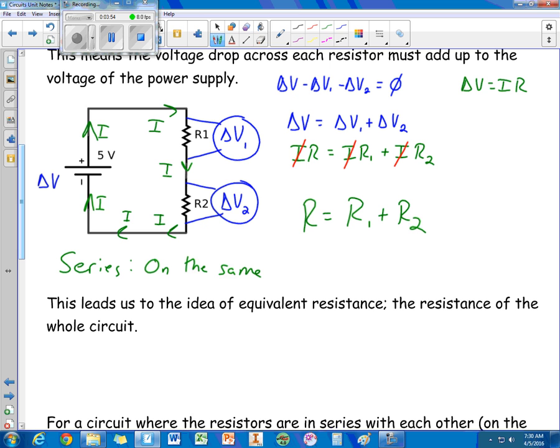I'll say it's on the same wire. So the equivalent resistance, which I'm going to call REQ, of this circuit would be R1 plus R2.